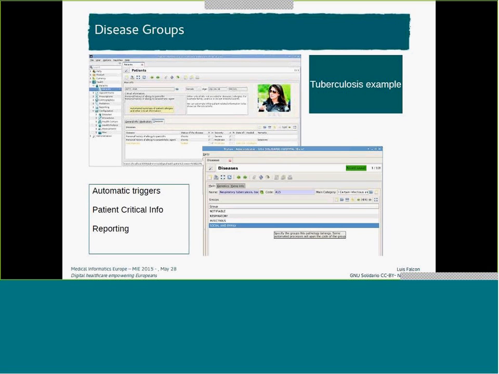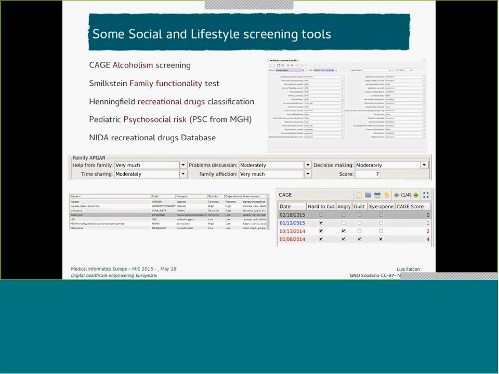And then I'll show a bit of different screening tools that are very useful for the health clinician and social worker, to see the level of different types of addictions or, as we talked before, the functionality or psychosocial risk for them and teenagers.